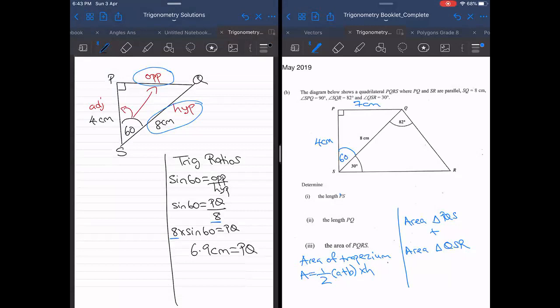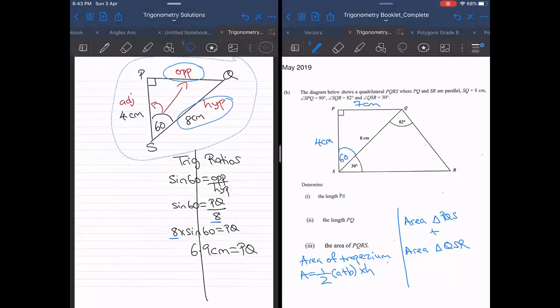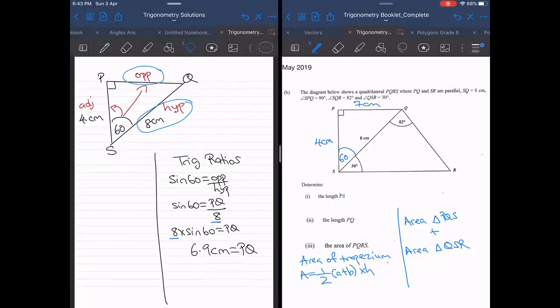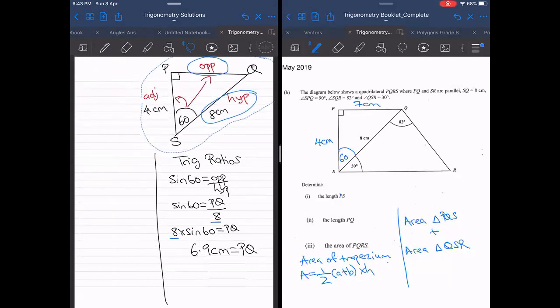But suppose using that same triangle, let's do that side.